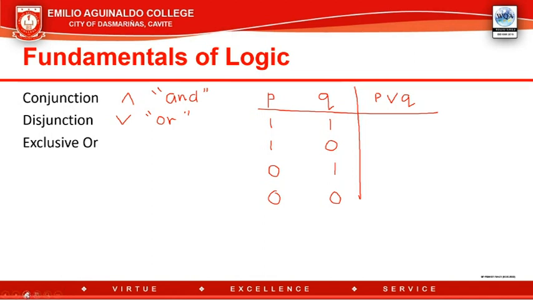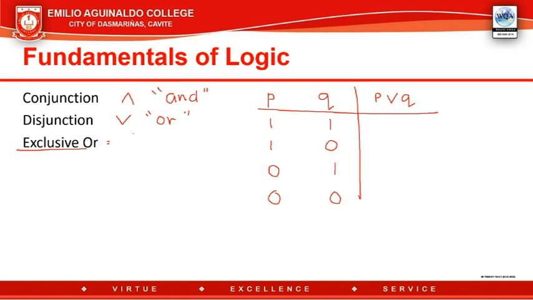When we say exclusive or, this is also a disjunction, but the difference is it has been made exclusive. We can only attain the value of 1 if only one of the statements is true, otherwise it is false. So let's proceed to our truth table.